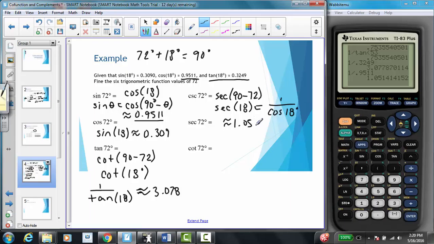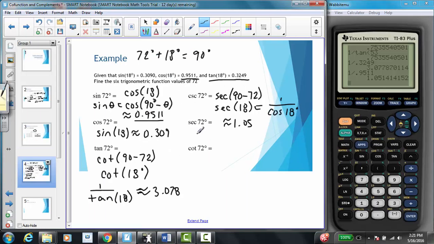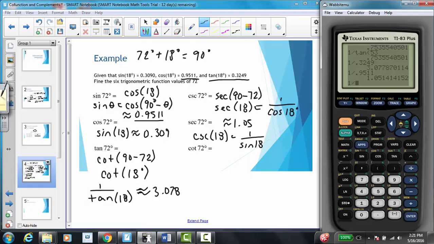Now the secant of 72 degrees, the secant is related to our cosecant. So we would have the cosecant of 18 degrees. And the cosecant is 1 over our sine. So we have 1 divided by the sine of 18 degrees, which is given by 0.309.